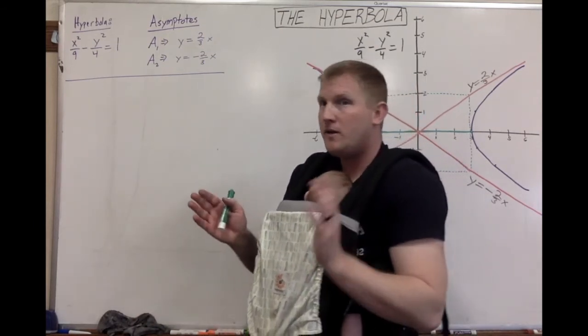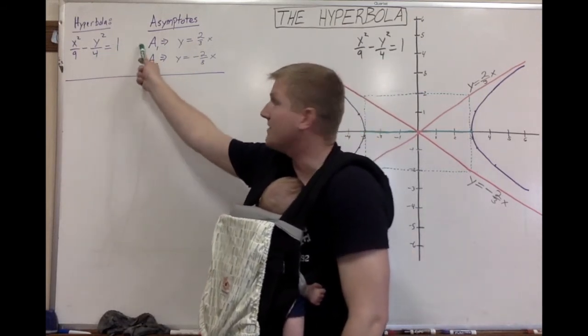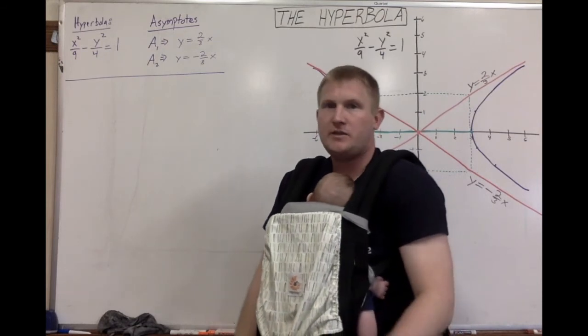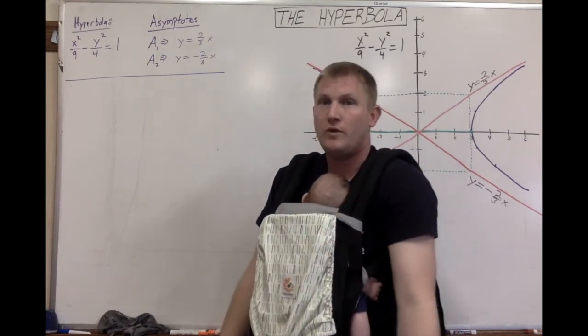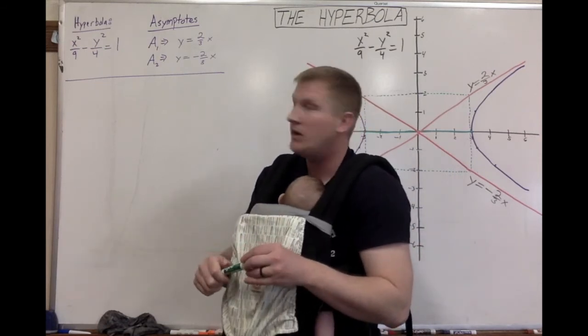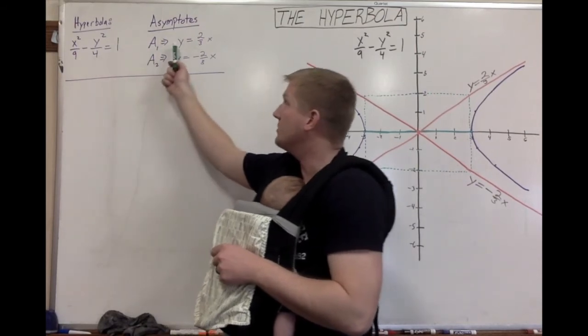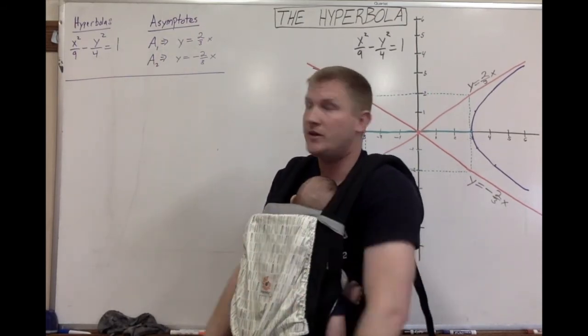So that's what we're going to do. We're going to assume that there is some common x and y between the hyperbola and asymptote 1. Let's assume that we know where that is. If we know where that is, then we can substitute any x or y in the hyperbola for any x and y in the asymptote, or vice versa.